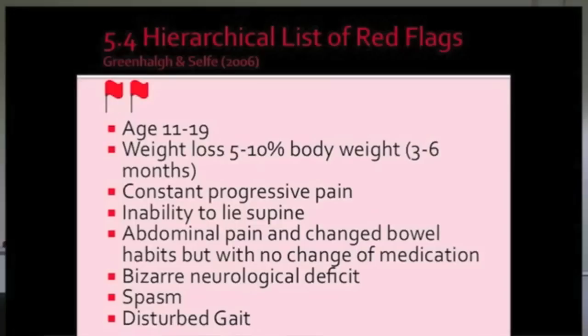So we move down the list to things which are slightly less important. We'll still be perhaps concerned about them, but not quite so alarmed. Age 11 to 19, weight loss 5 to 10% of body weight during a 3 to 6 month period, a constant progressive pain, an inability to lie supine, abdominal pain and changed bowel habits, but with no change of medication.